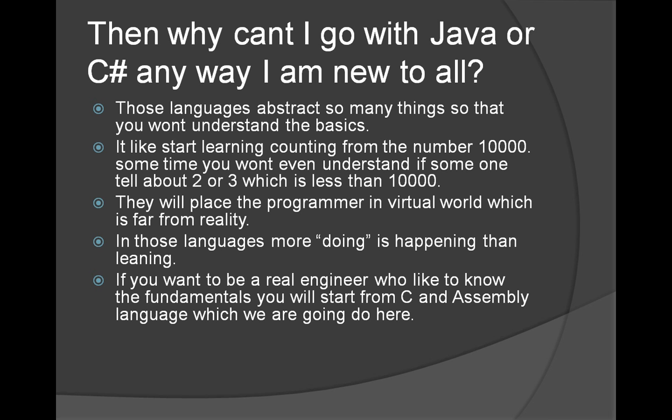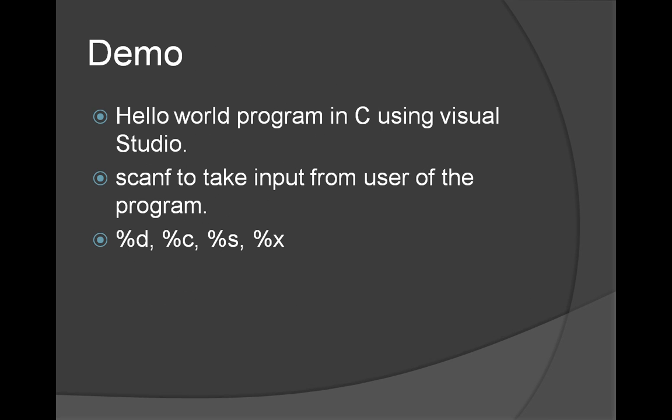So that is exactly what we're going to do here. Start from the basics. That being said, we are all set to start a Hello World C program. So we're going to go ahead and start Visual Studio and write a C application.